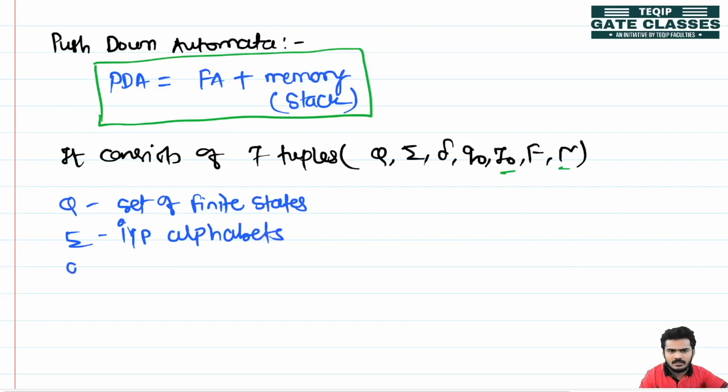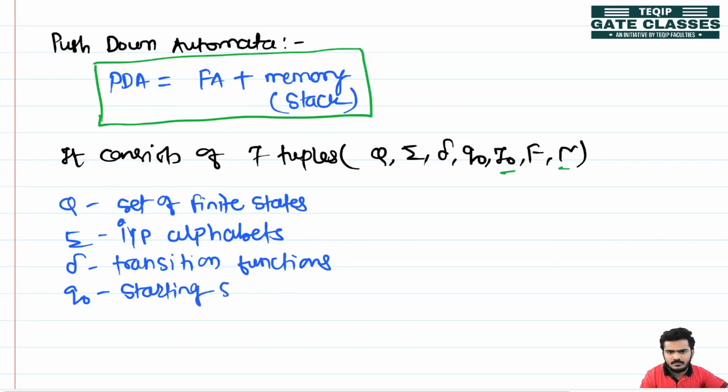Delta is the transition function. This we will discuss mainly in terms of deterministic PDA and non-deterministic PDA just after this. Q naught is the starting state. Z naught is the bottom of the stack.